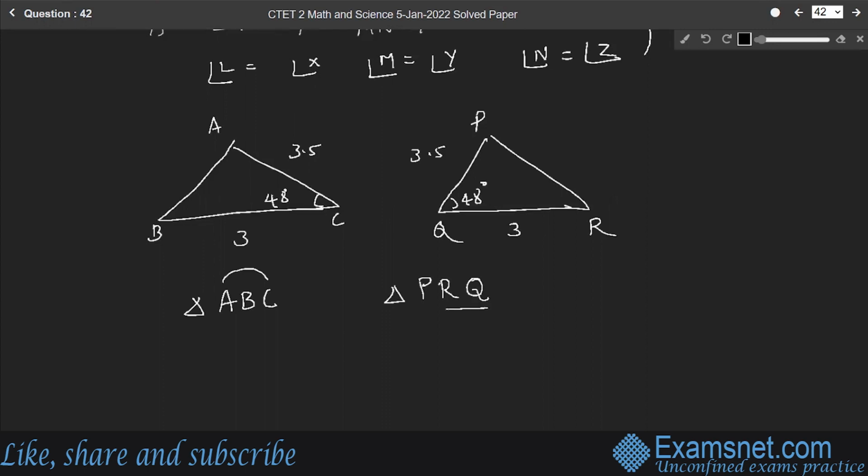So RQ is equal to BC, right? AC is equal to PQ, that is right. BC, yeah, this condition satisfies.